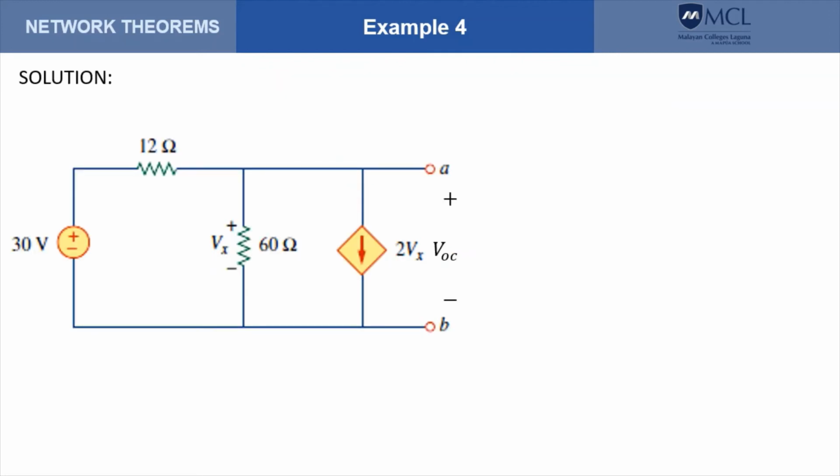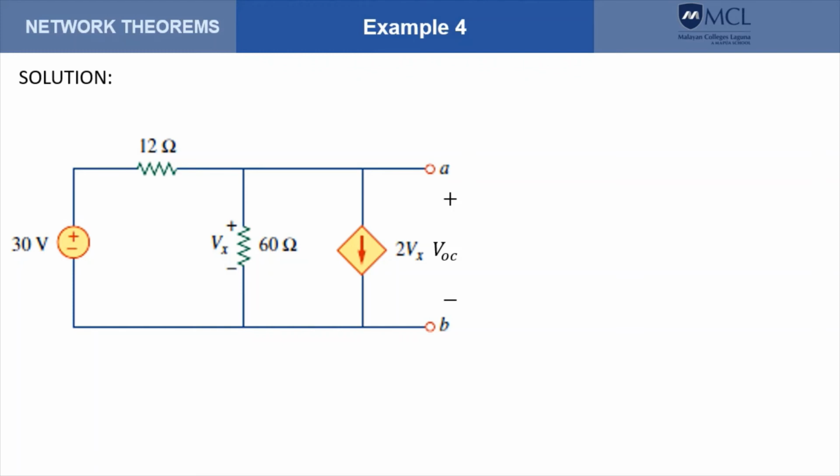So we need to determine VTH here and RTH. So for VTH, we need to know the open circuit voltage between the terminals A and B with the polarity indicated.